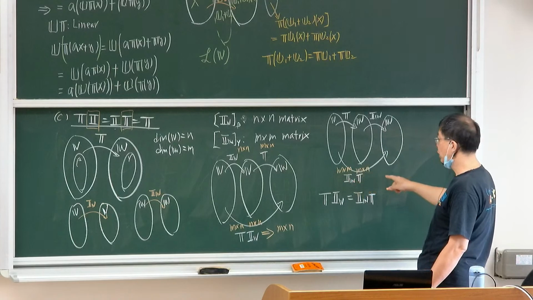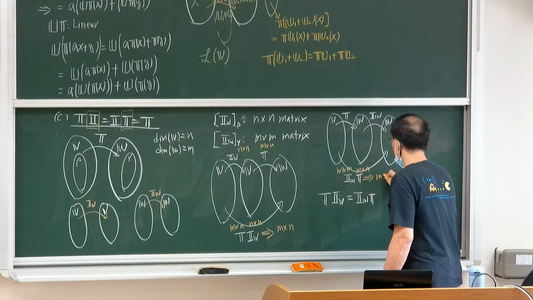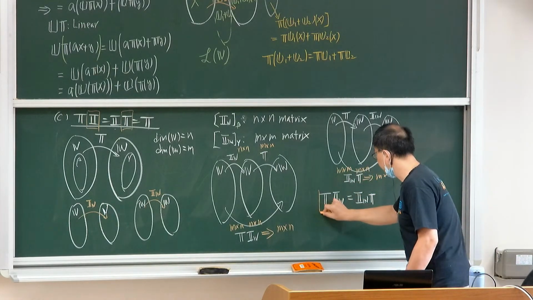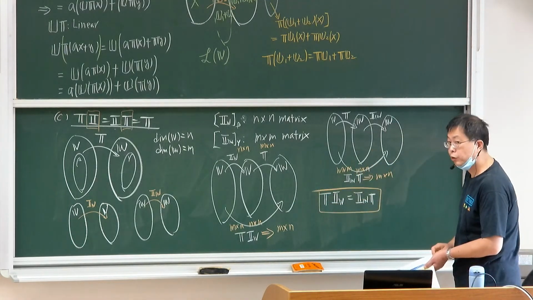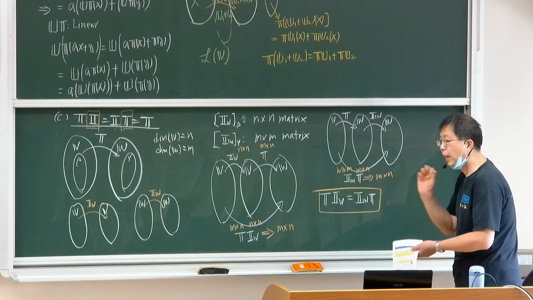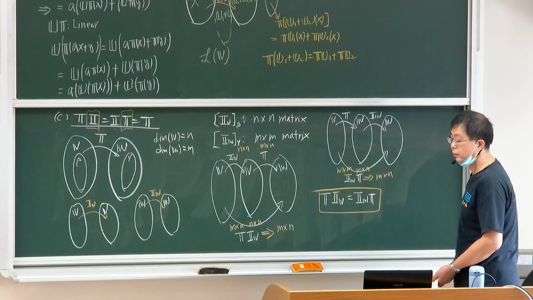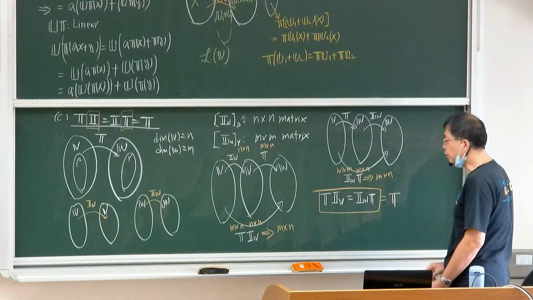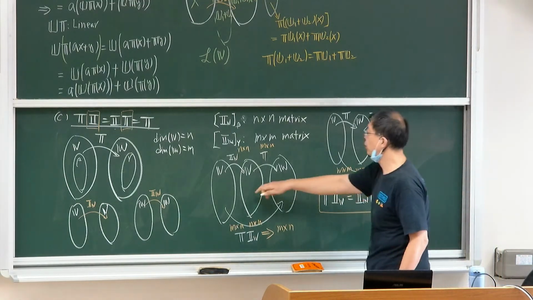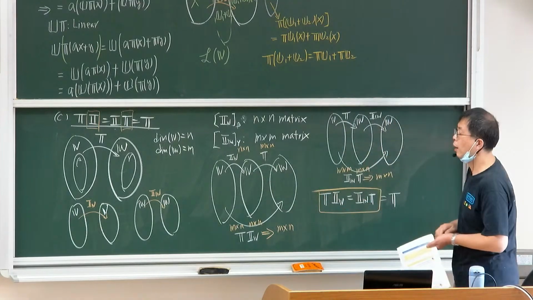So I_W T becomes m by n. So now we know that these two compositions have the same dimension, m by n. And also, it will be equal to T, because T is also an m by n matrix.